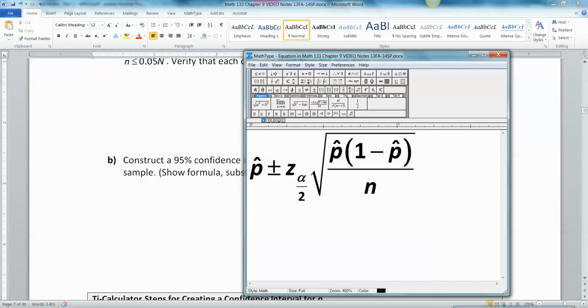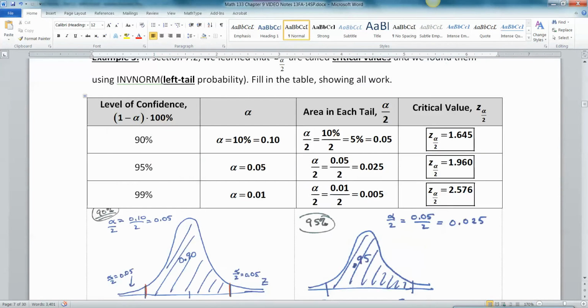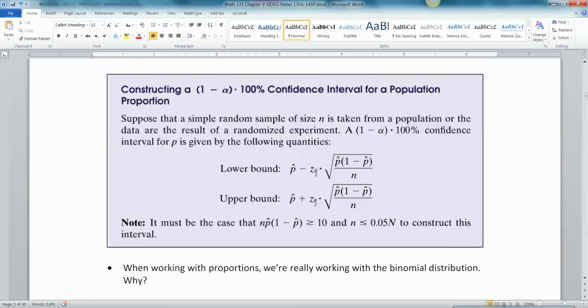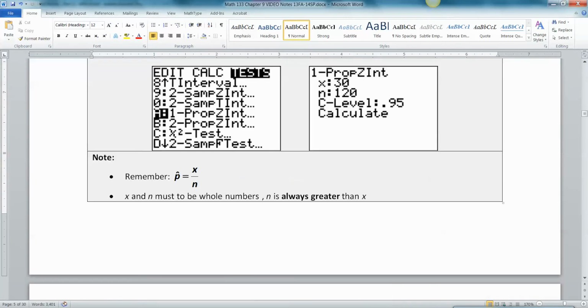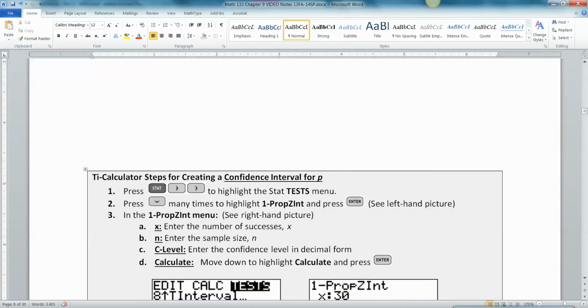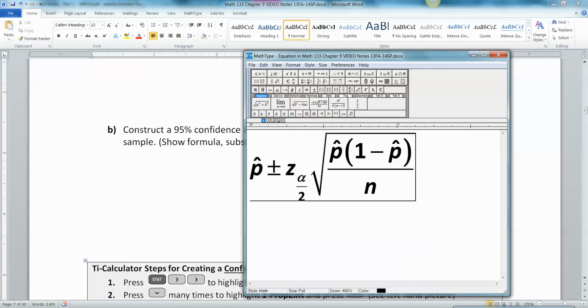Okay, so there's the formula. It's in the notes, back a ways, right here. P hat plus or minus that thing. Okay, so we need to fill in all the parts.